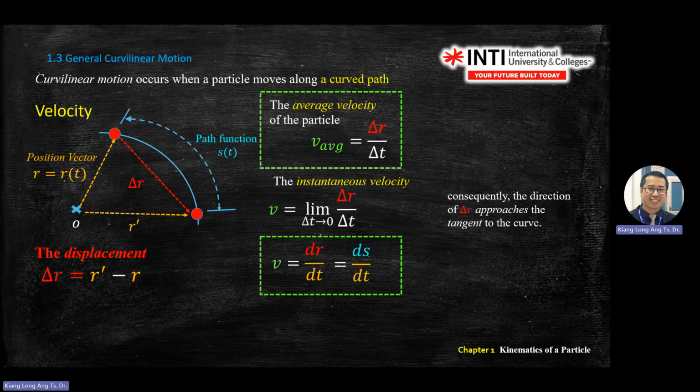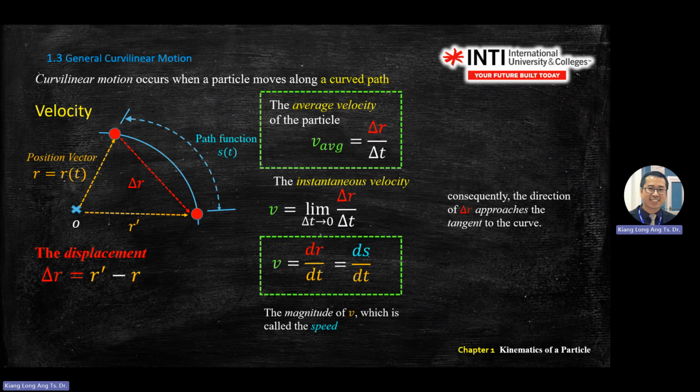So S equals R theta. This is what you learn in radian form. For every small angle, you can treat this as a straight line. So S equals R theta, and here I just write the S.